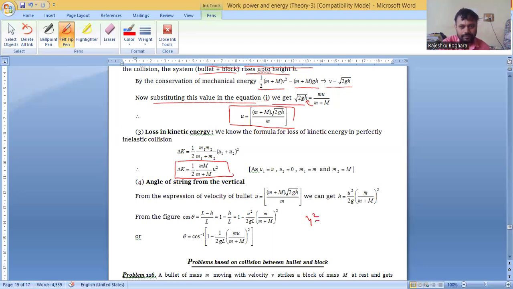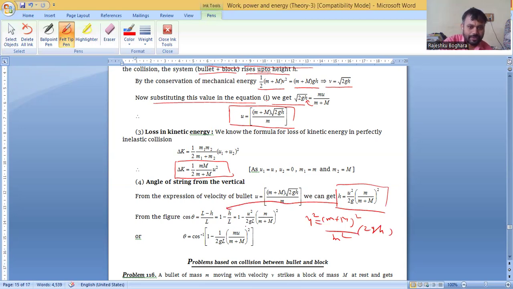So u square (m plus M) square by m square equals 2gh. Now h is equal to u square over 2g in the denominator on the left side, and m square is the numerator and (m plus M) square is the denominator. This is the h, and this value we put in this equation.